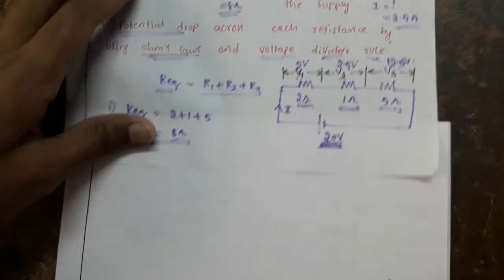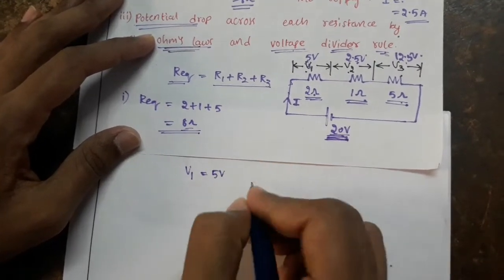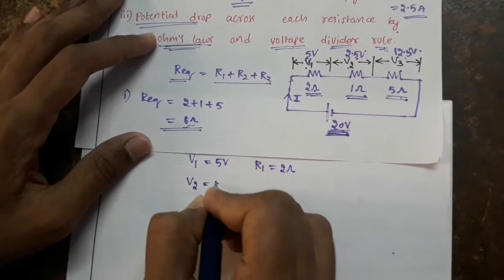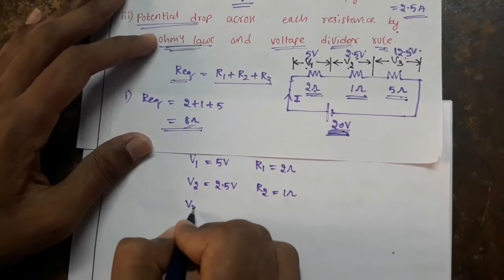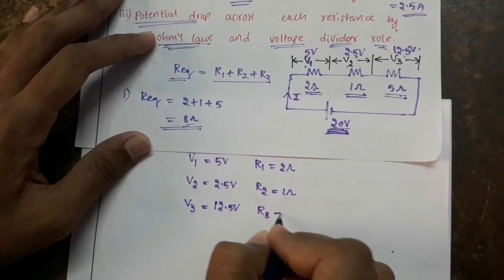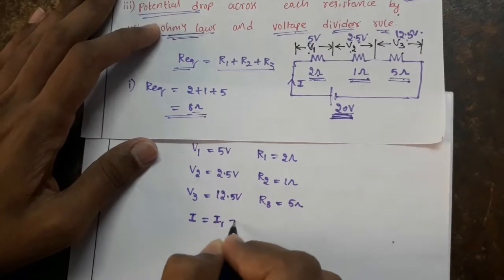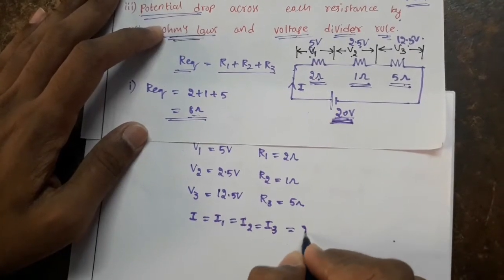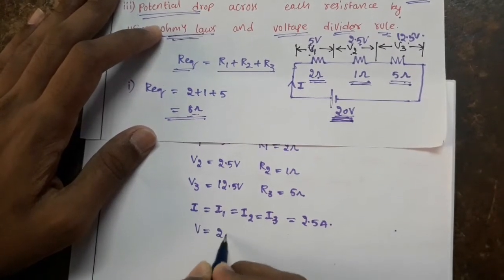I am taking the parameters, that is V1 equal to 5 volts and R1 is of 2 ohms, V2 equal to 2.5 volts and R2 equal to 1 ohm, V3 equal to 12.5 volts and R3 equal to 5 ohm, where current is I equal to I1 equal to I2 equal to I3, that is equivalent to 2.5 amperes, where applied voltage V equal to 20 volts.